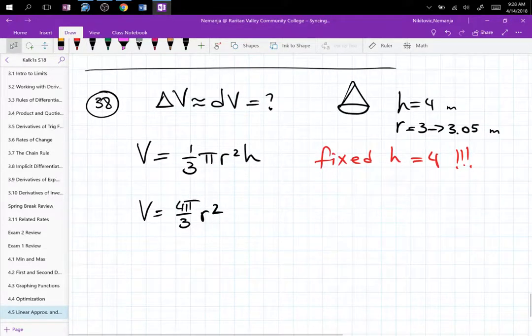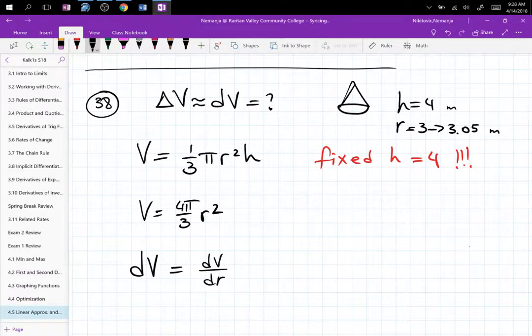All right, so what is my dV equal to? dV is equal to the derivative of V, so that's dV/dr, times delta r. If I want to use the new notation, it's still derivative times the change in the independent variable. dV/dr is 8 pi over 3 r.